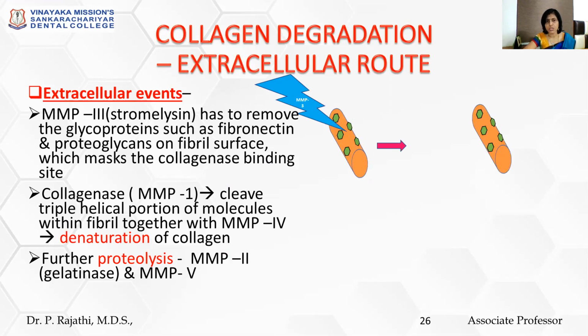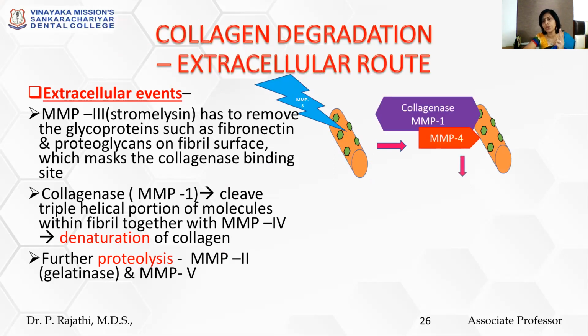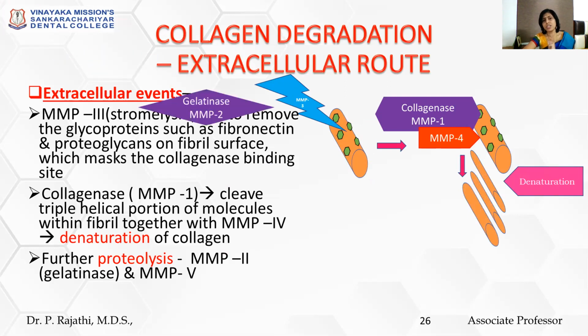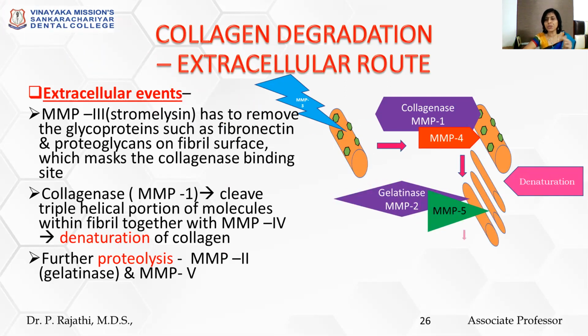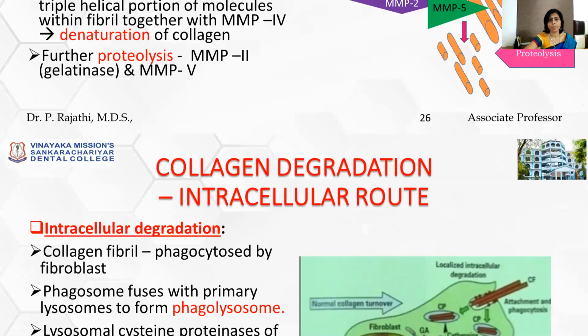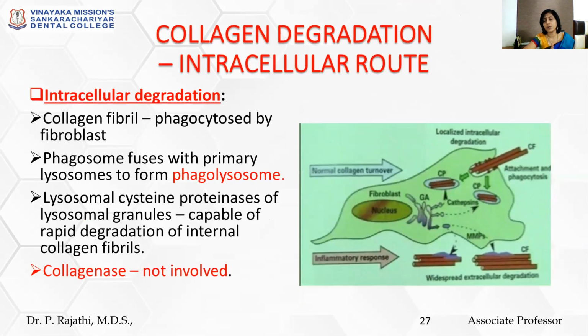Once it gets exposed, MMP1 along with MMP4 is going to cleave this triple helical structure and result in denaturation of collagen. So on this denatured collagen, further proteolysis occurs by MMP2 and MMP5. This is how the extracellular route of collagen degradation occurs.